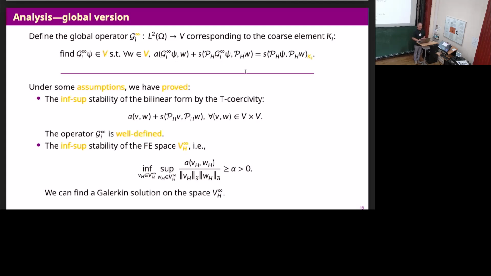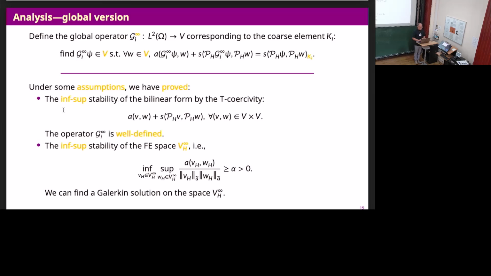We solve a similar problem, but defined in the whole domain, and we are able to obtain two results. The first one is that in order to solve this problem, we will need some type of well-posedness for this variational problem.